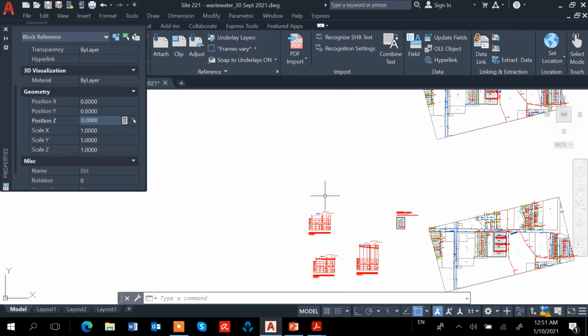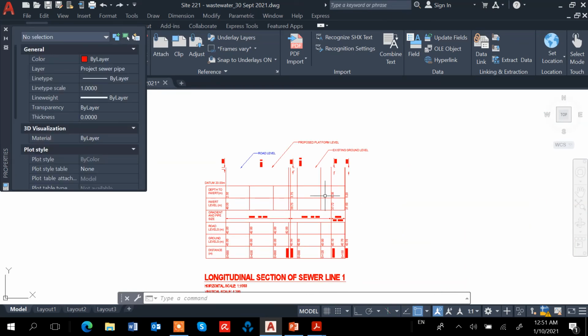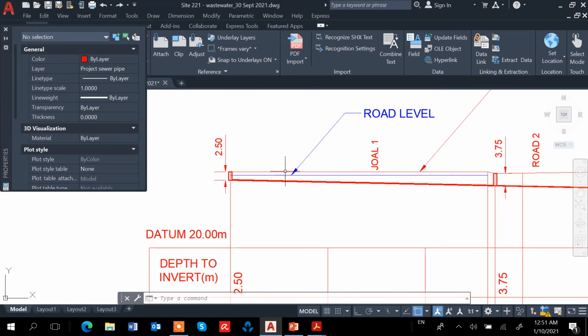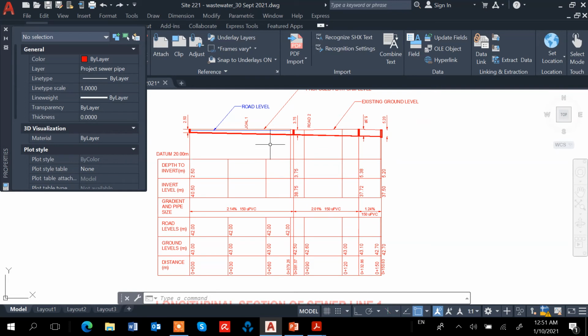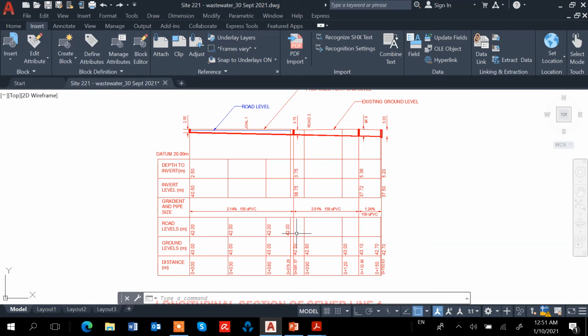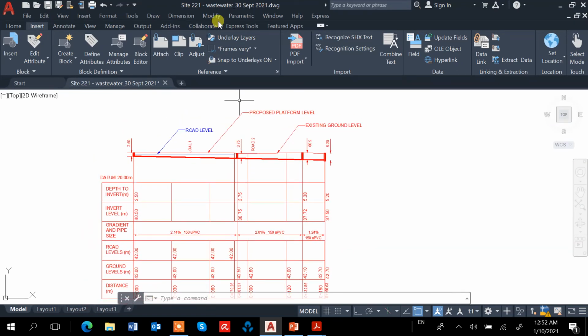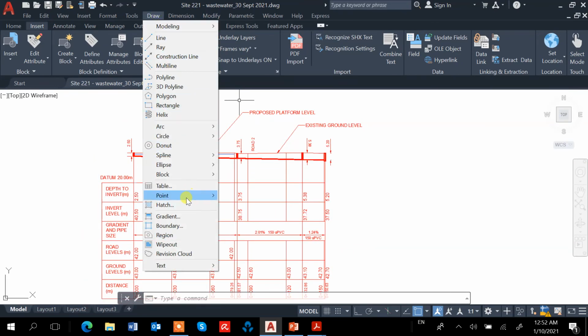I think I have to do it again because I didn't pick the point, so the block is not correct. Make block again.